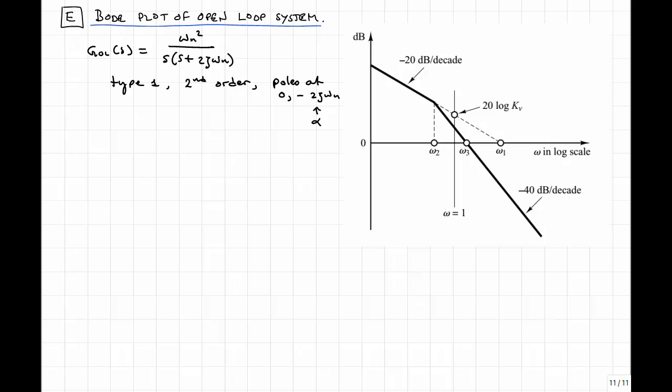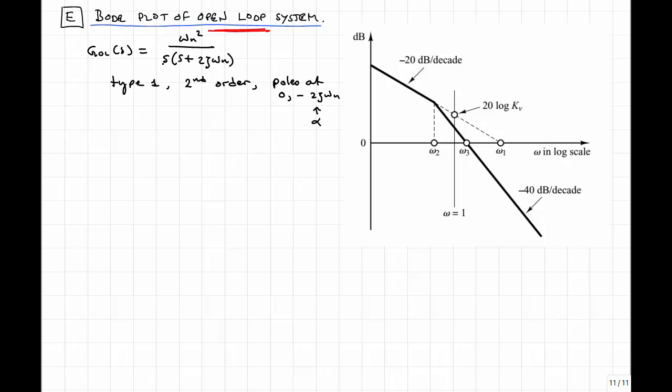Okay, lastly we want to look at another Bode plot description of our system, and in this case we're looking at the open loop as opposed to the closed loop frequency response. I've written out here the open loop transfer function, which I'm calling G sub OL, and you see that it's in terms of omega n and zeta.